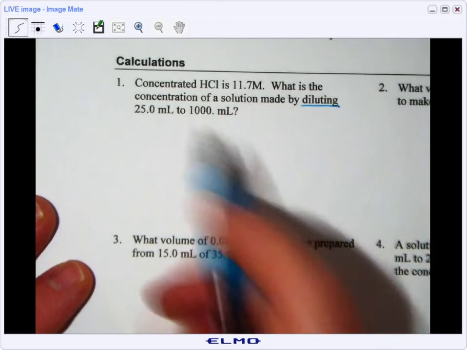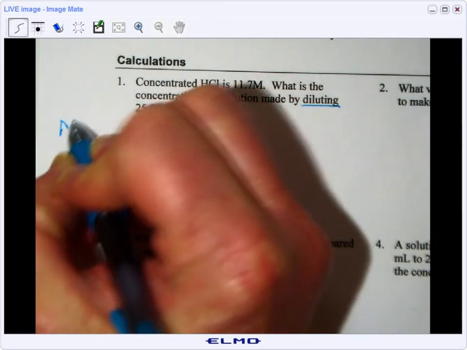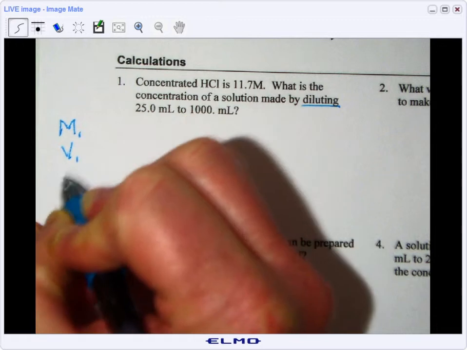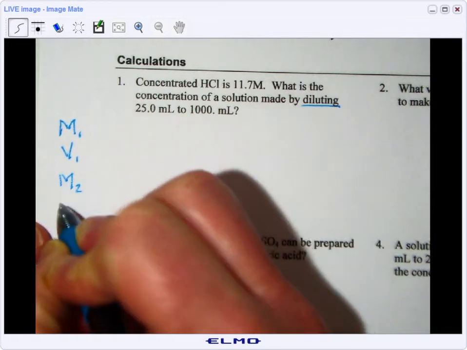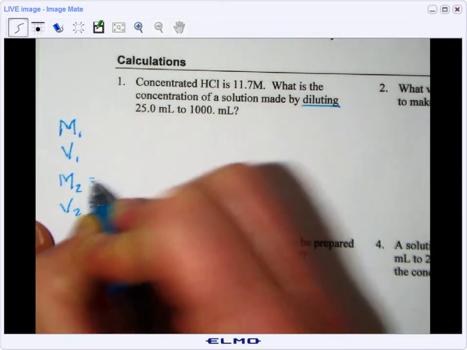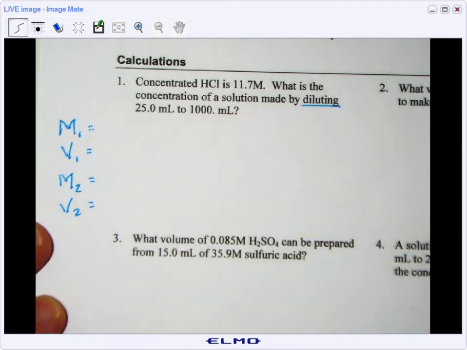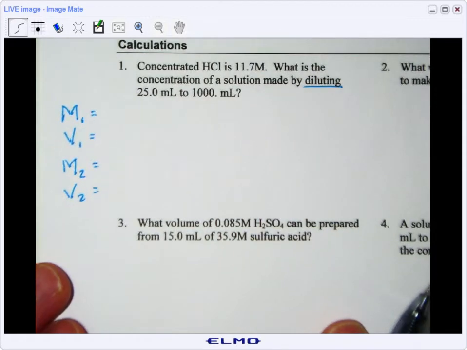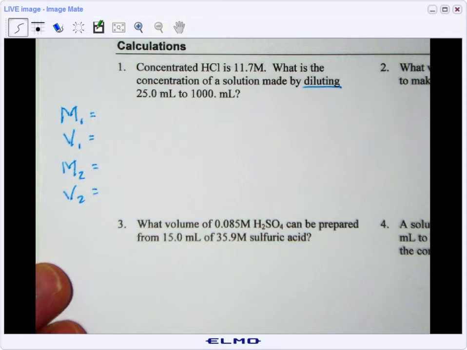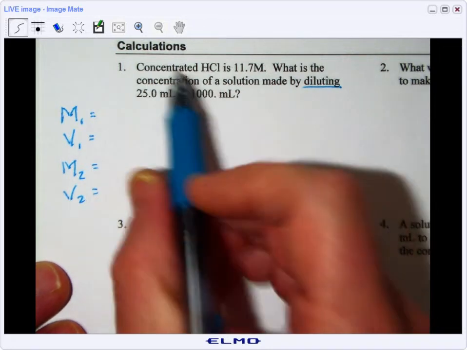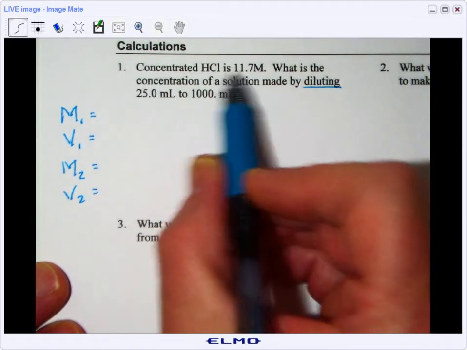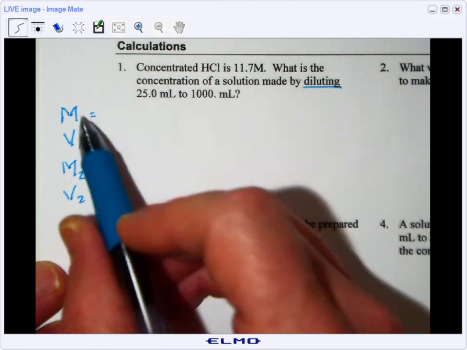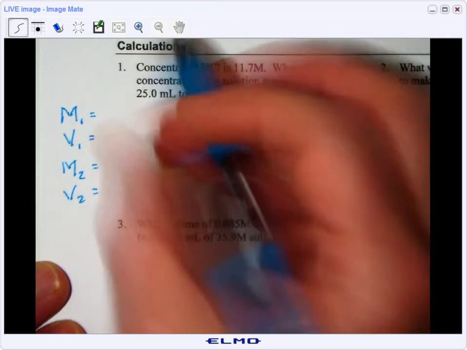So I know when I'm reading this that I really want to pull out my variables. I want to write these down the side to make my life easier. So the biggest difficulty is organizing and figuring out which one is which. Well, if this says concentrated HCl is 11.7, I know the concentrated form is going to be my first one.